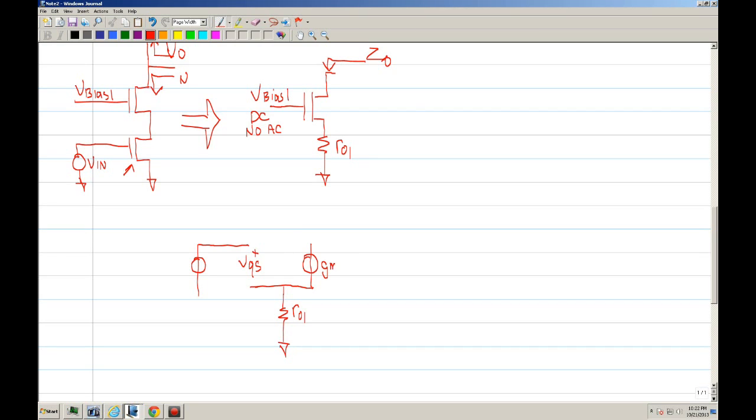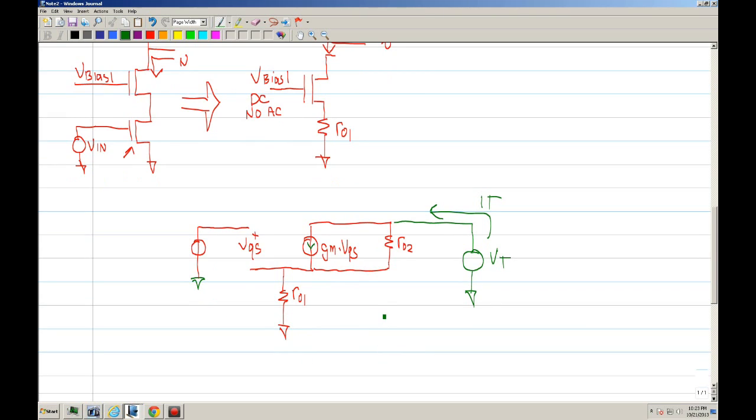You're going to have your GM VGS, and then this is the output impedance, RO2, and then we can connect our test voltage, which is IT, and so forth.